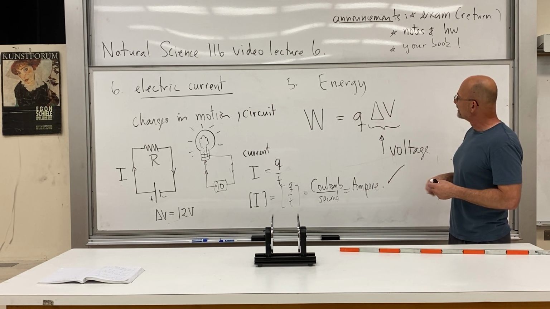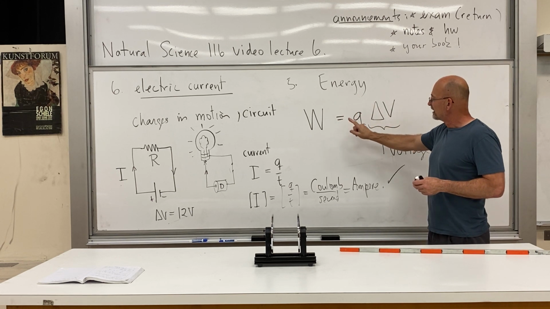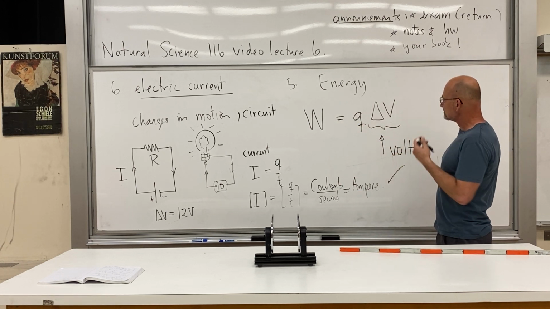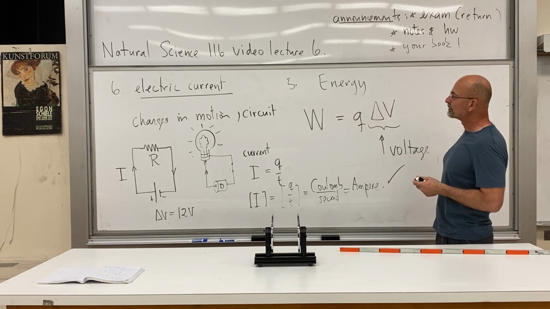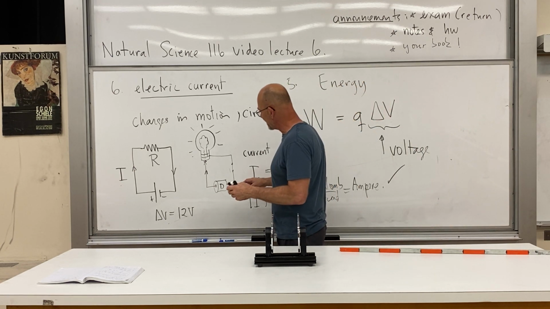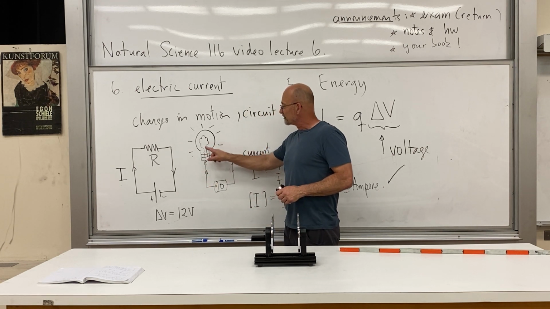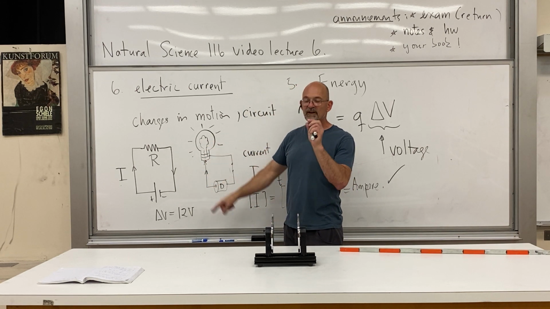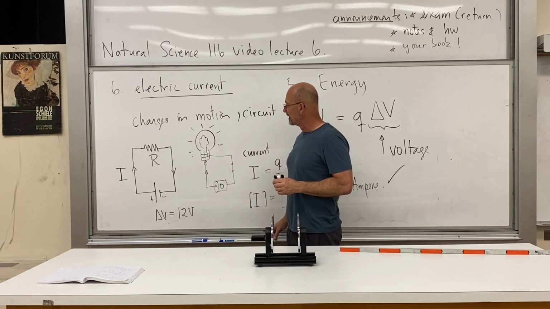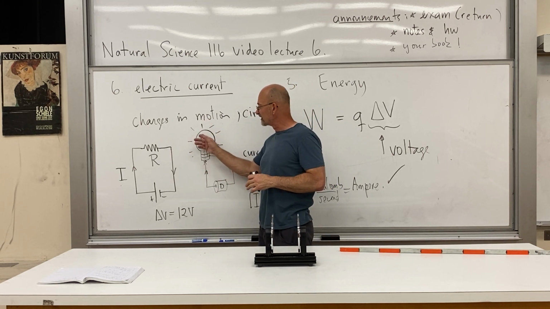Okay, I want to get back to this formula here because you're going to see in a second we have learned something very close to this before. And in fact, I'm going to put them side by side. So having discussed the electrical current, and again, close the switch, the current flows. It flows through the light bulb, and the filament is so thin that it heats up. It heats up, and it's enclosed here in the bulb, and it gives off light just based on how hot it is.